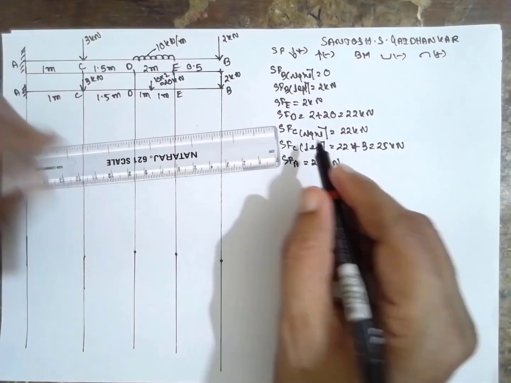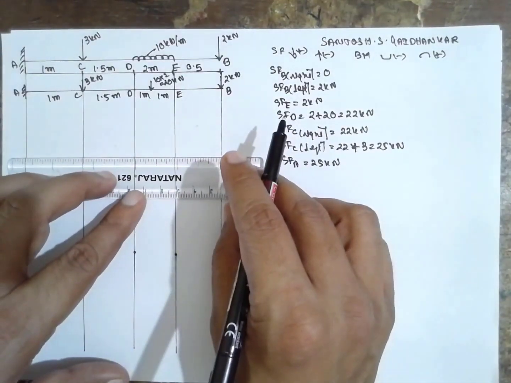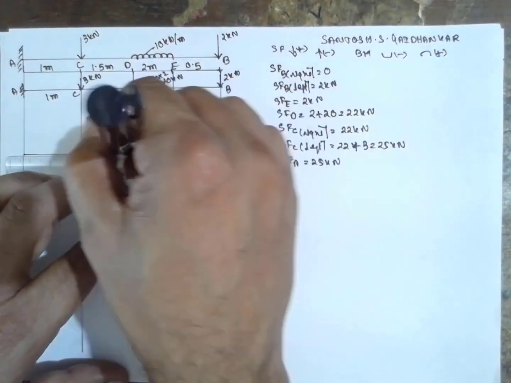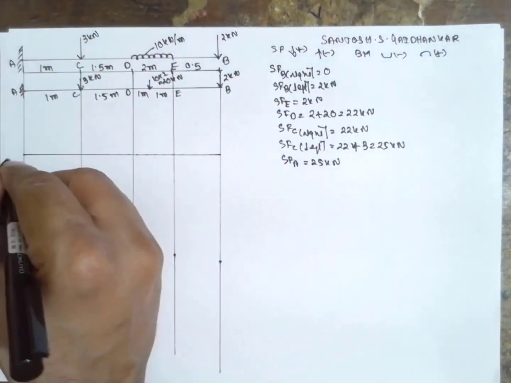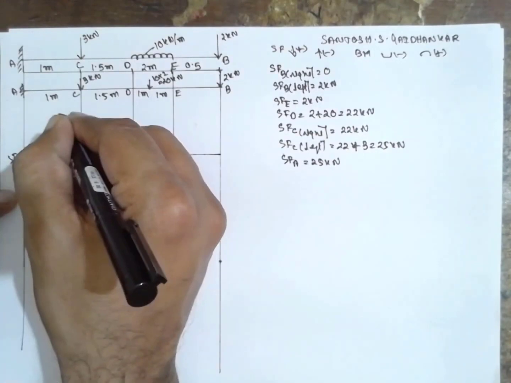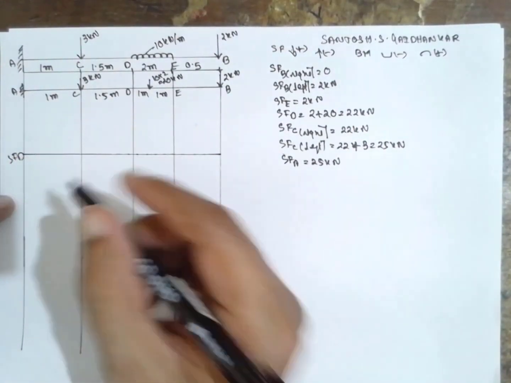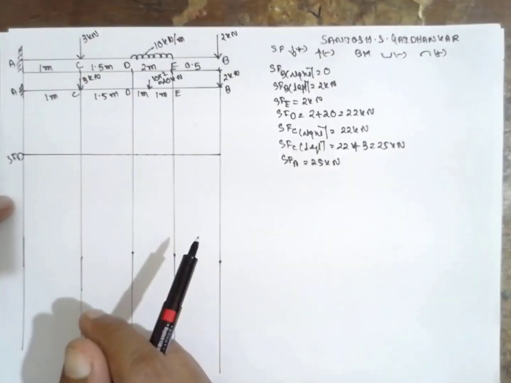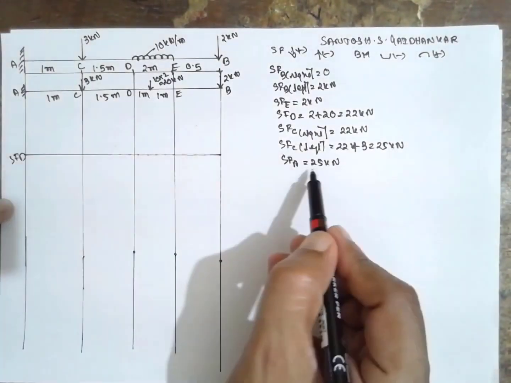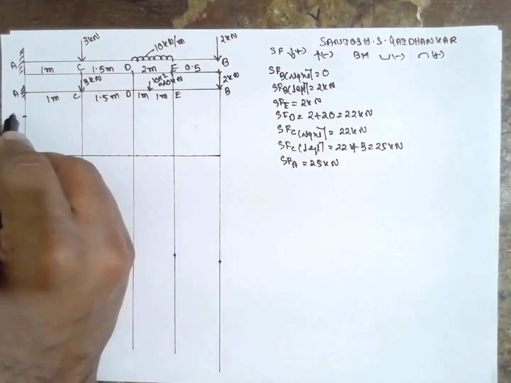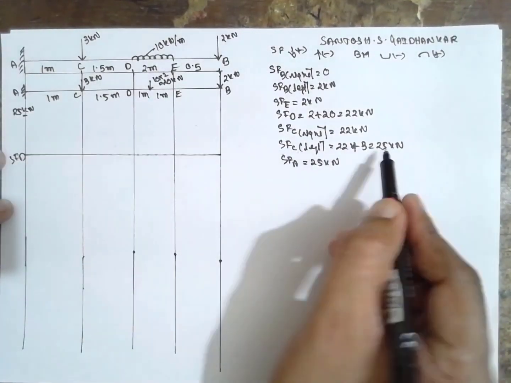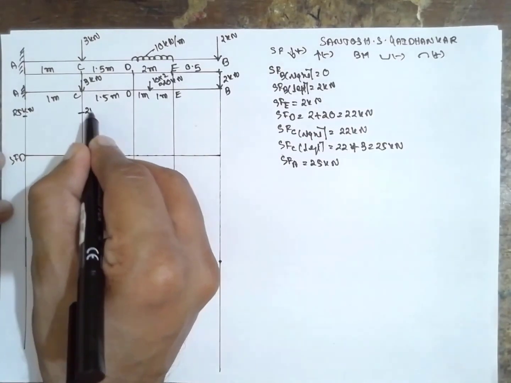Now draw the shear force diagram here. This is the shear force diagram, SFD. Downward is negative, upward is positive. First 25, this is 25 kilonewton positive. At C, again 25 kilonewton.